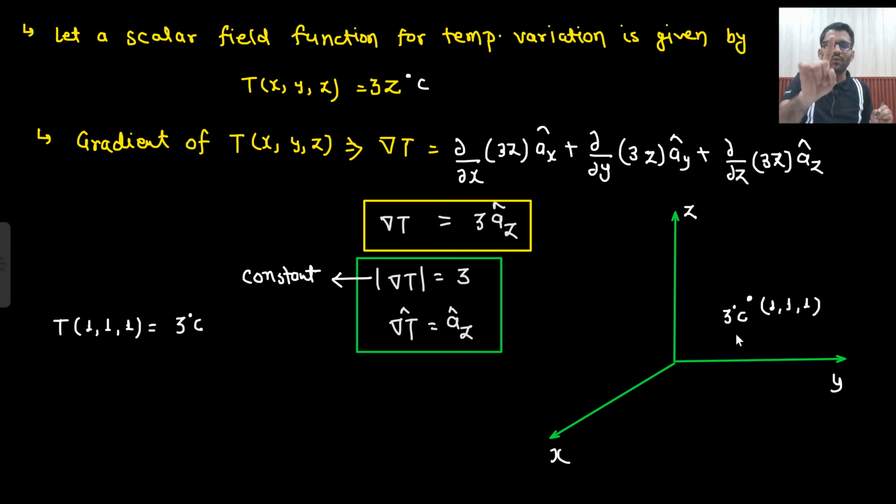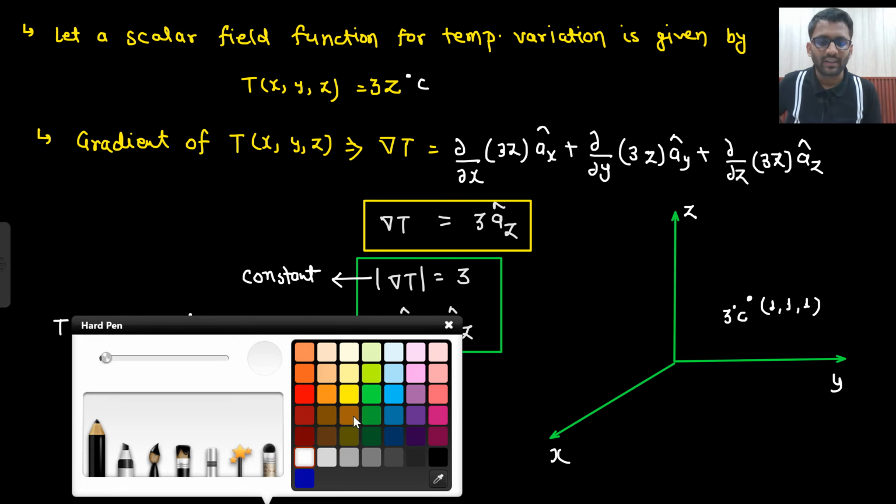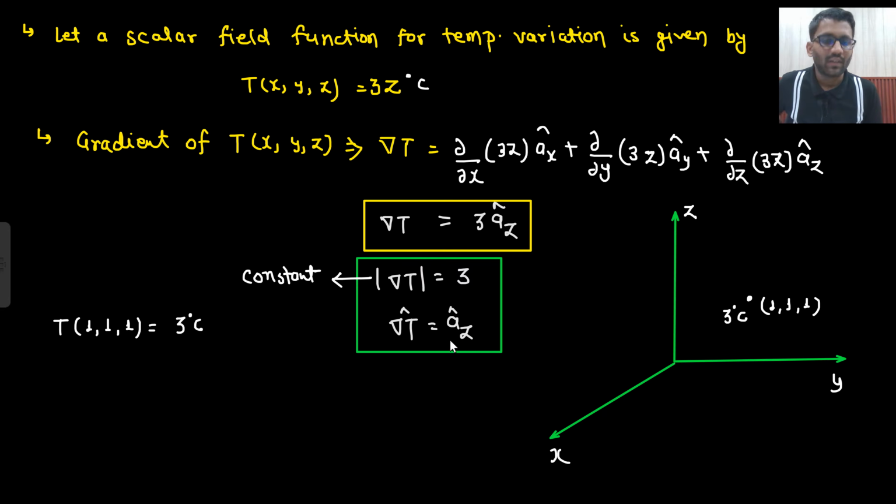Now what will your gradient say? Very important line, listen with full concentration. What your gradient is saying is: if you walk in the az direction for 1 unit, then the increase in temperature will be 3 degrees Celsius.